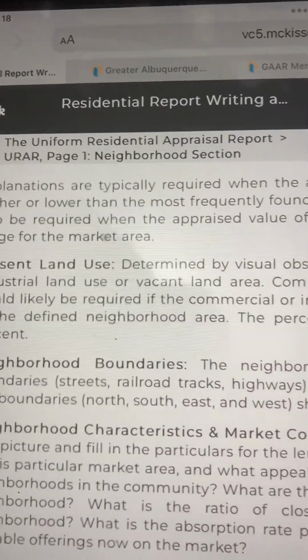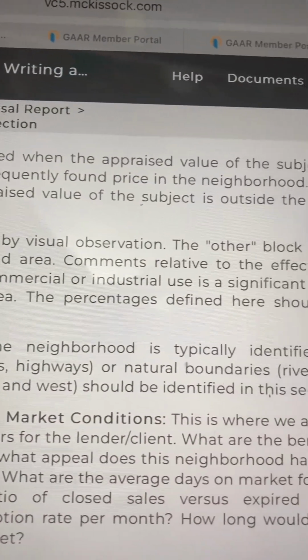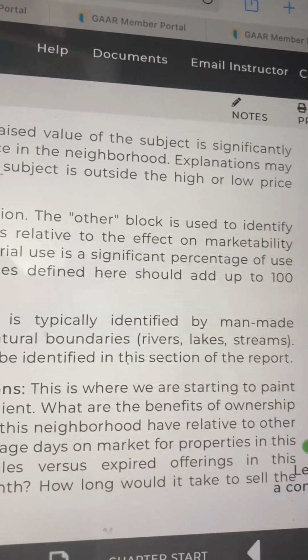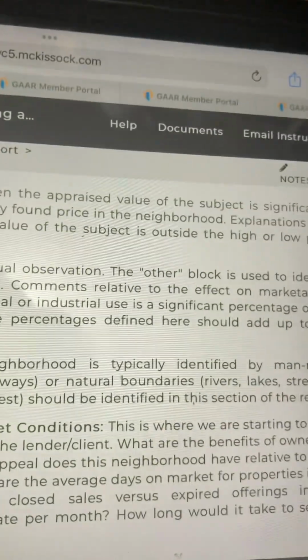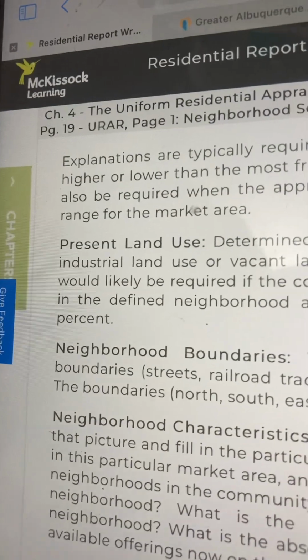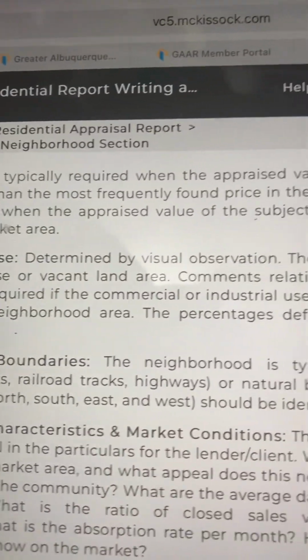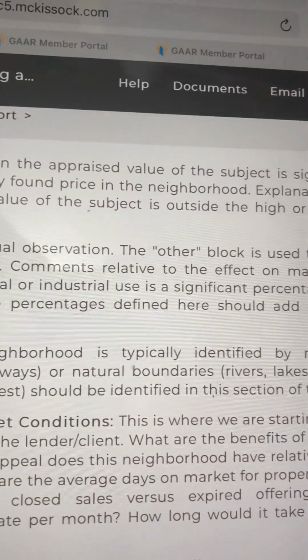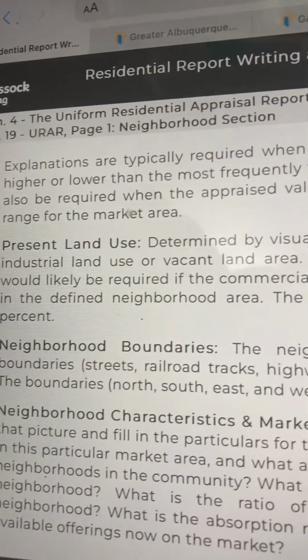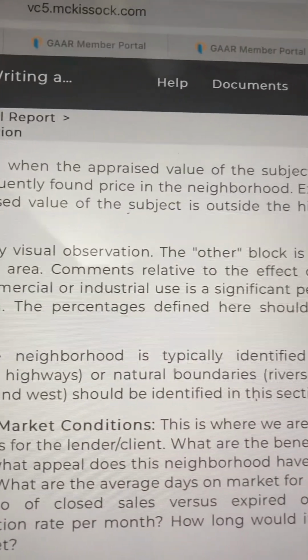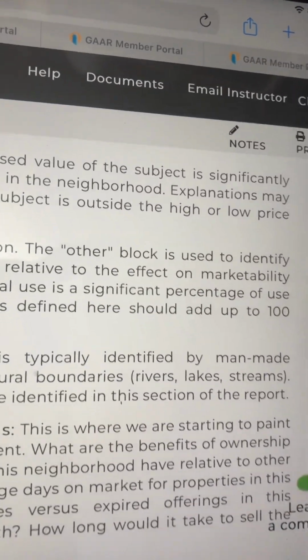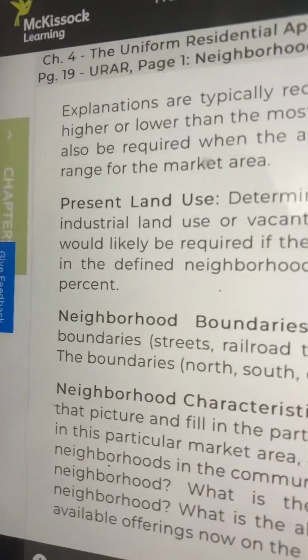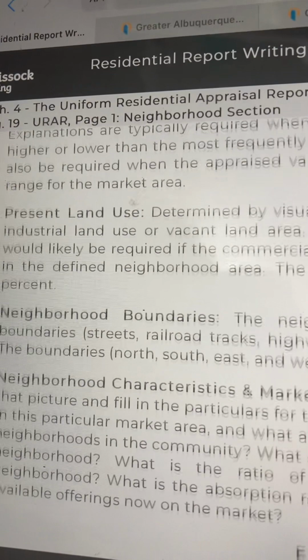Explanations are typically required when the appraised value of the subject is significantly higher or lower than the most frequently found price in the neighborhood. Explanations may also be required when the appraised value of the subject is outside the high or low price range for the market area.